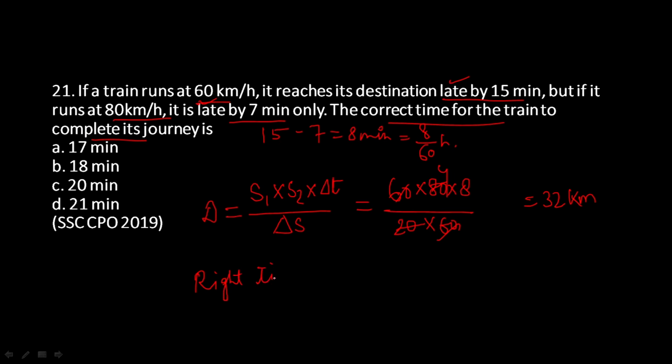Right time is equal to, taking the first option, 32 upon 60 minus 15 upon 60, so it will be 17 upon 60. It's in hour. The answers are in minutes, so 17 upon 60 hour means 17 minutes.